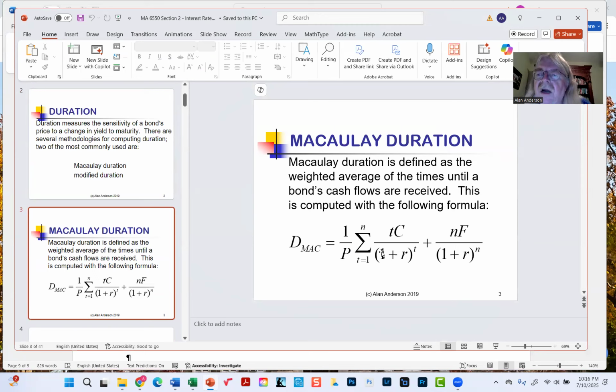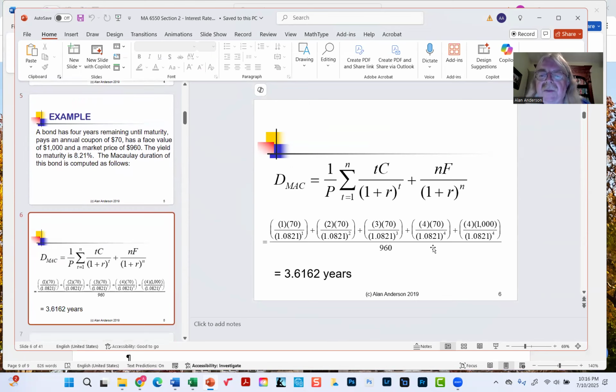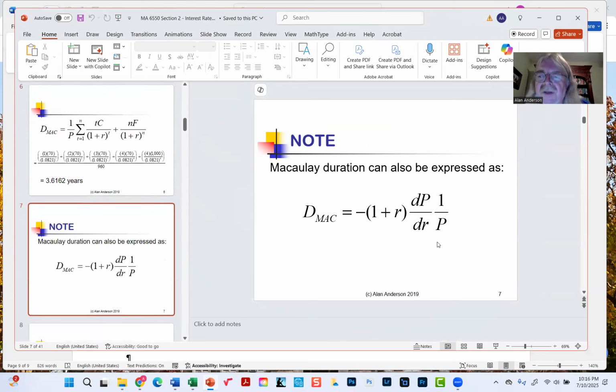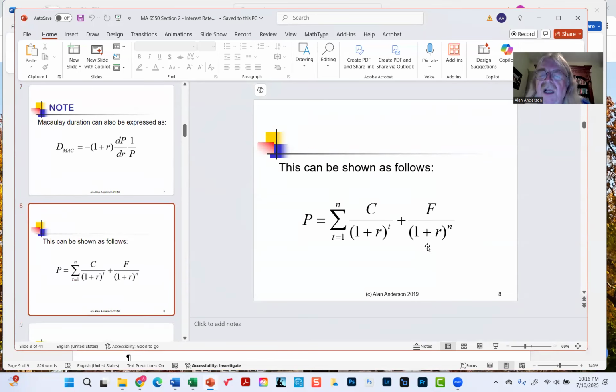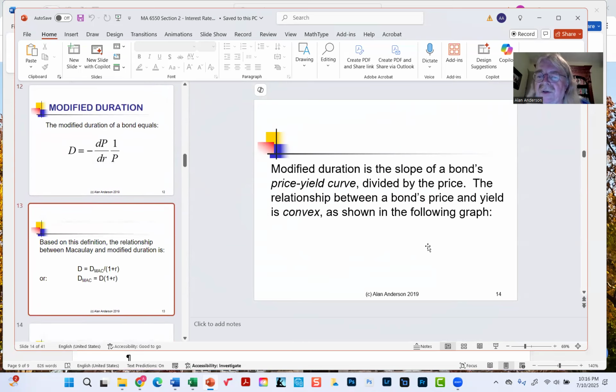It incorporates not just the present values of these cash flows, but the time at which they're received. We're going to go through a lot of numerical examples here, and then we're going to try to make some sense out of them. And we're going to see how they relate to modified duration and how it can be calculated. So you can see we've got a lot of work to do here.